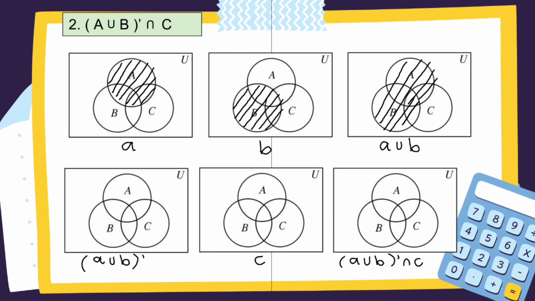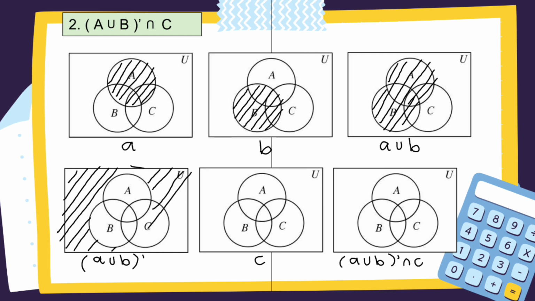In the fourth box, complement of union A and B. Complement means the part that is not shaded in the third box. In the third box, only A and B are shaded, so in the fourth box, A and B will not be shaded.